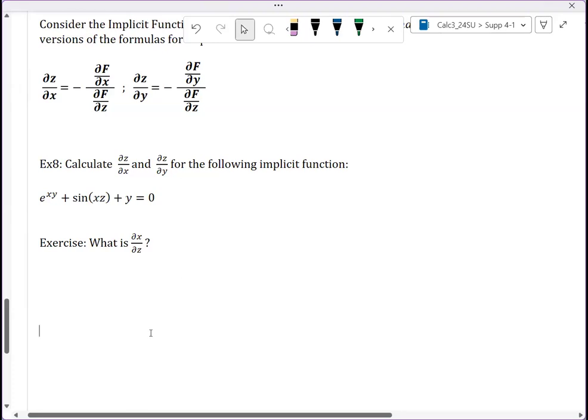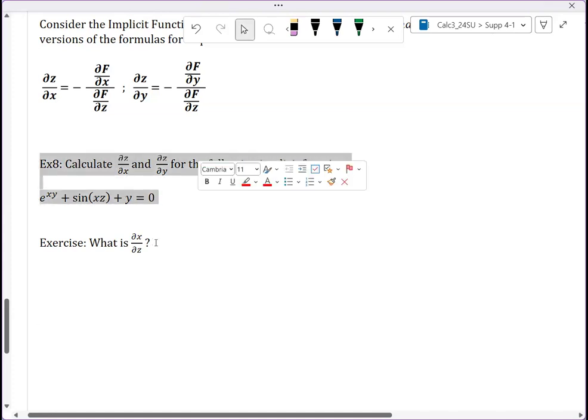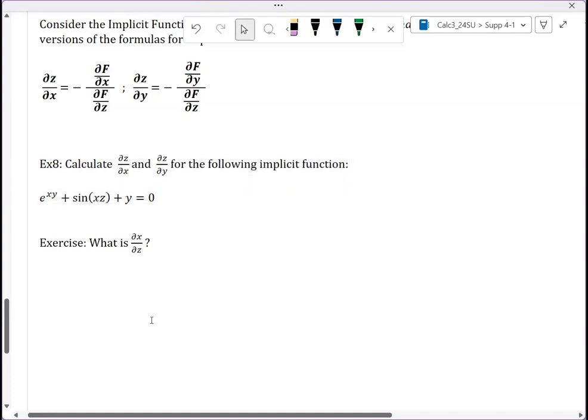Okay, and then lastly, looking at a couple examples in implicit differentiation. So example 8 here, we computed partial z with respect to x in class, but let's look at a couple related ideas. So just really quickly, let's go back through and compute partial of z with respect to x.